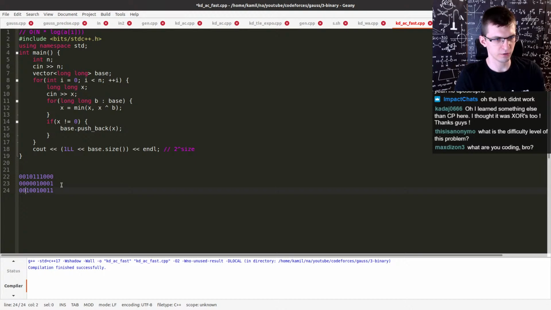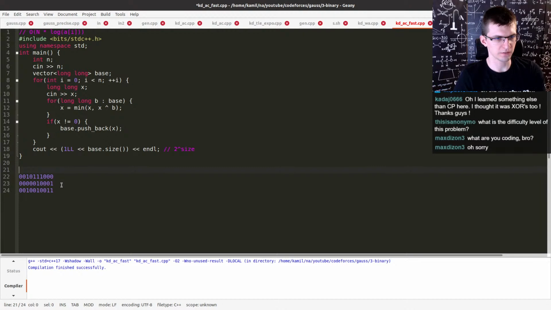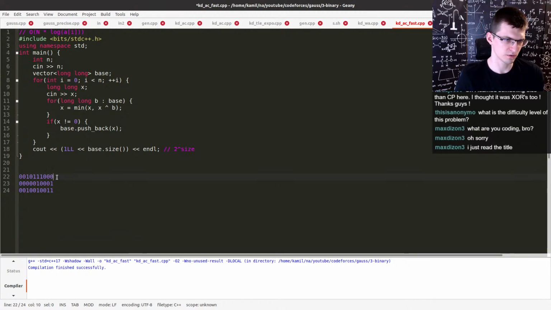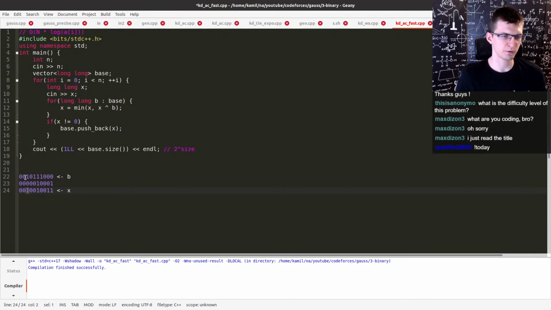Well, we see here a 1, but we already have a 1 in the blue circle here, so we XOR. We take this new row and XOR it with the first row, this one. This is B in base because we iterate over stuff already in base. This is our X. And we get rid of this one by minimizing with X XOR B. So then in this column we will get 0.